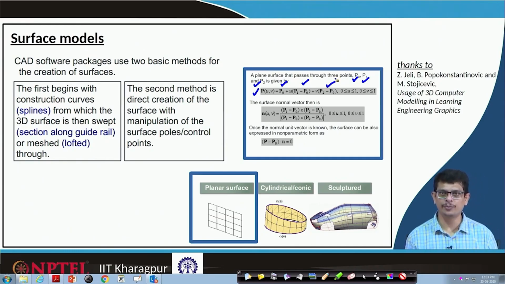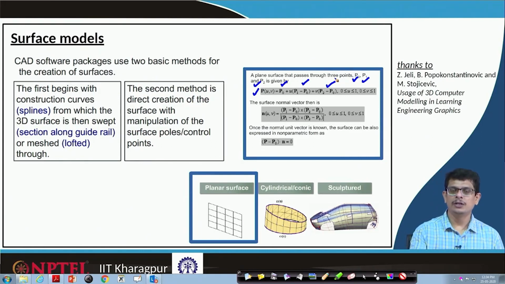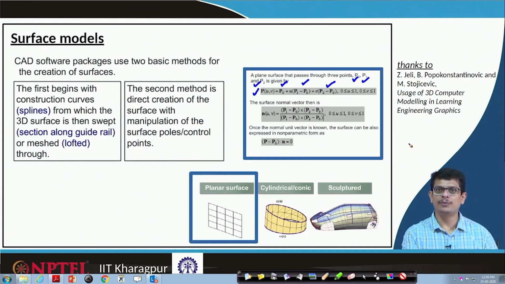So, as a reference point we take P0, and the other points are P1, P2. We can always construct a plane surface passing through these 3 points. 4 points is additional information, but 3 points is good enough to pass a plane.